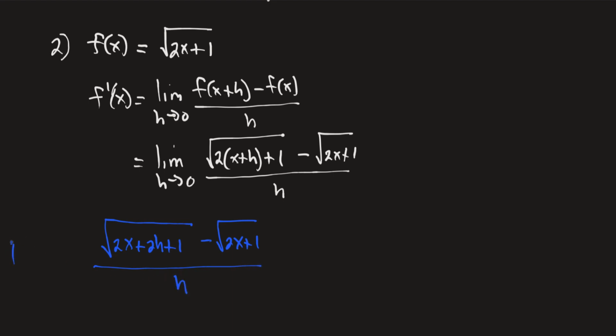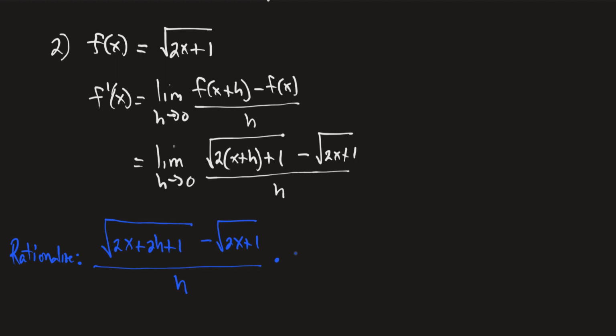So to rationalize, what we have to do is multiply the top and bottom by the conjugate of the top, which is the two terms stay the same, but I change that minus to a plus.